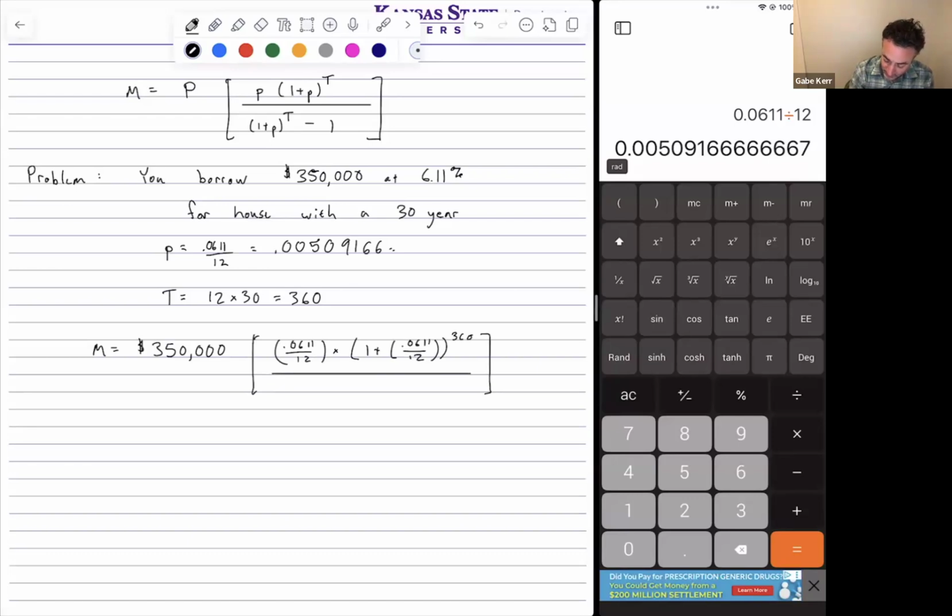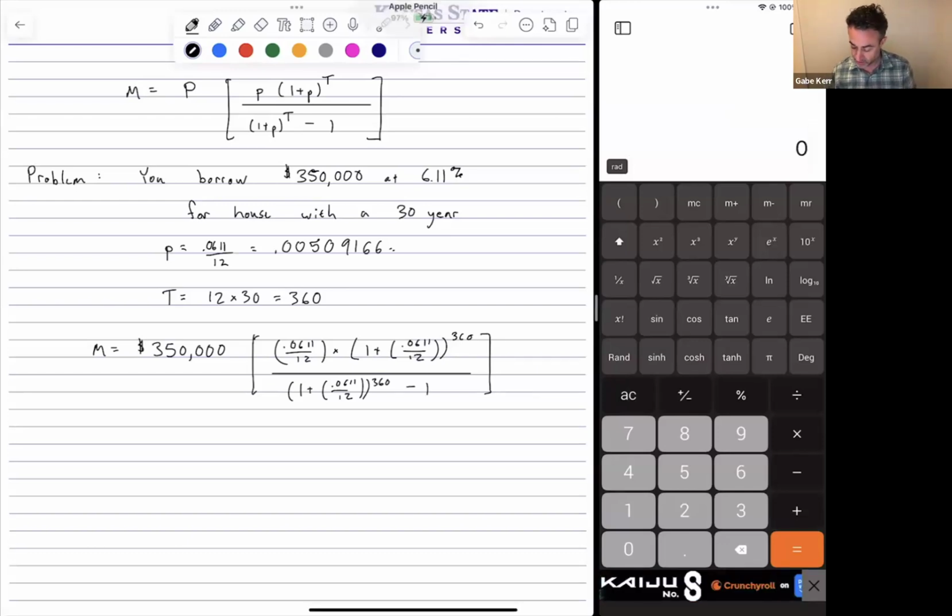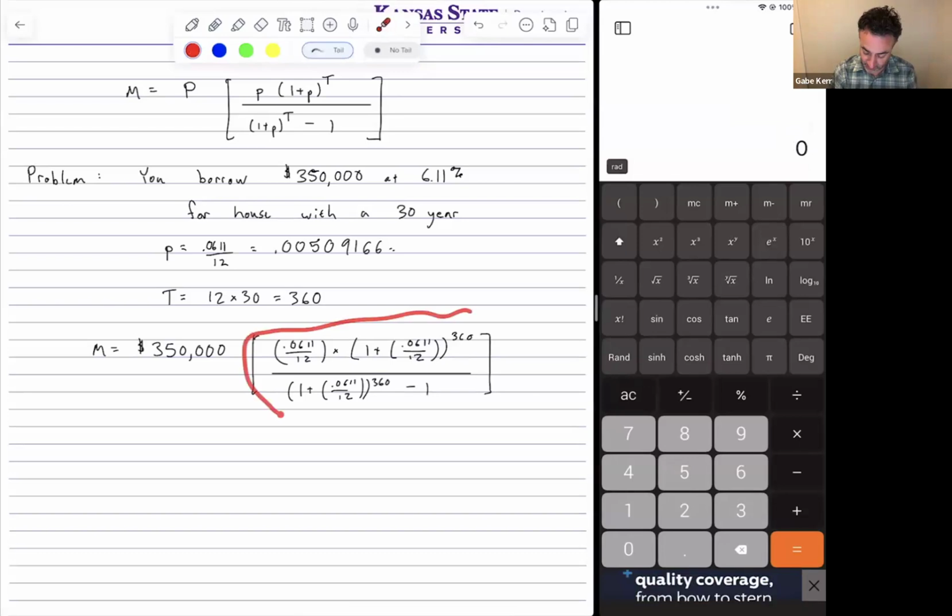And then we will divide the whole thing by 1 plus 0.0611 divided by 12 to the 360, minus 1. So it's a fairly ugly looking thing. Let's go ahead and compute it. Let me calculate this number inside of the parentheses first, this factor, as I did before.